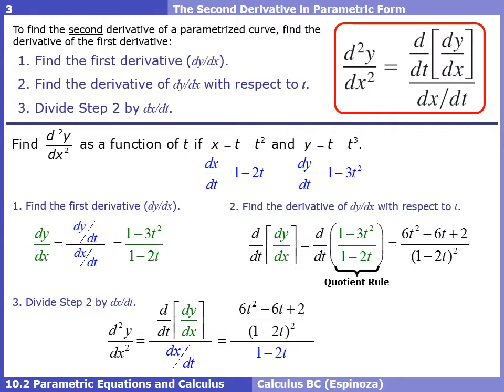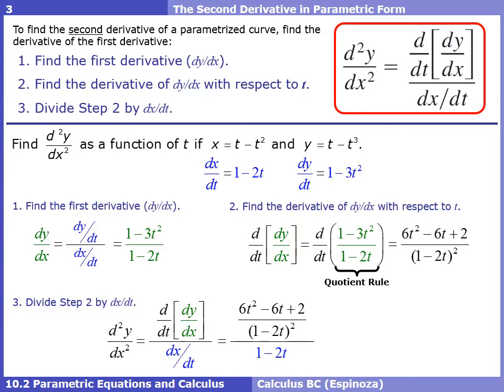So the answer from step 2 gets put in the top of the fraction, and then we divide by dx dt, which we found previously in the problem up here. After that, it's just a matter of cleaning that up and making it look a little bit nicer. When you have a fraction in the top of an overall fraction, this top denominator goes to the bottom of the overall fraction.